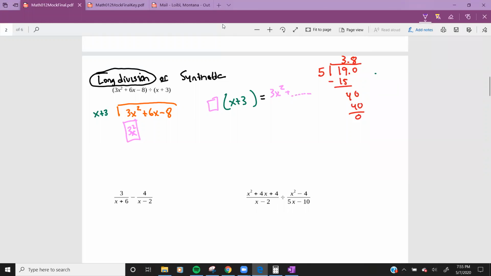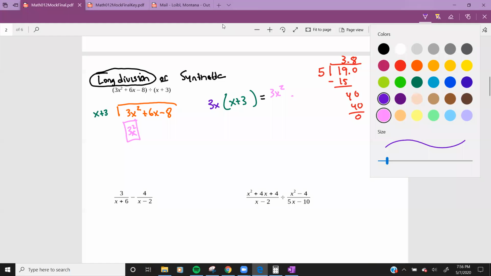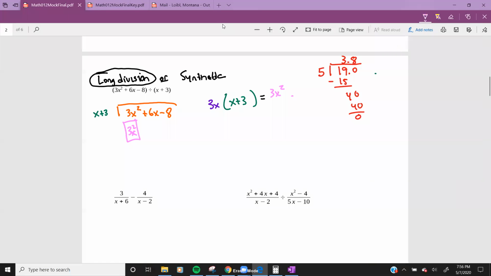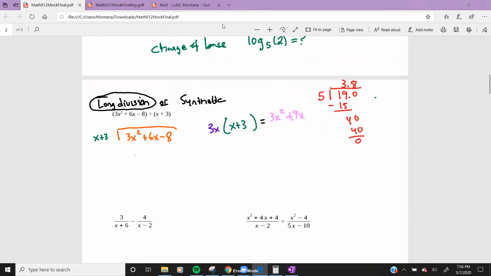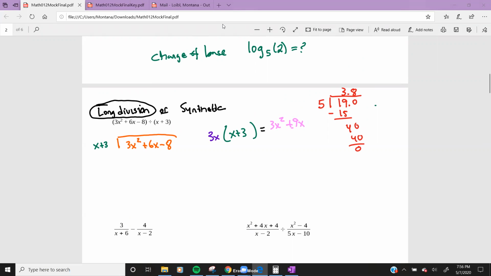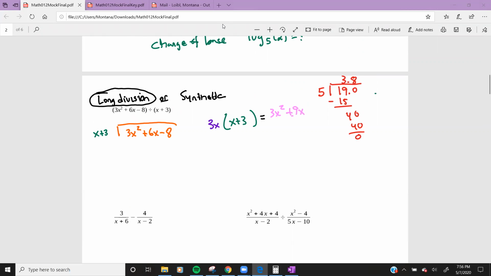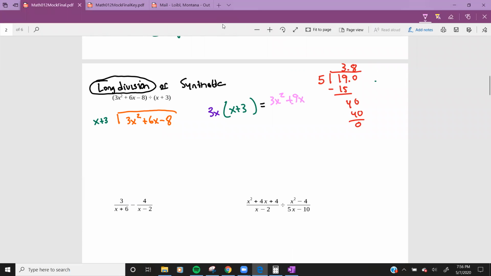So let's go violet, and we'll go 3x. And so 3x times x plus 3 is going to give you 3x squared plus 9x. So now we've matched the term, which means, what am I going to do here? The expression that's going to go here is 3x squared plus 9x.